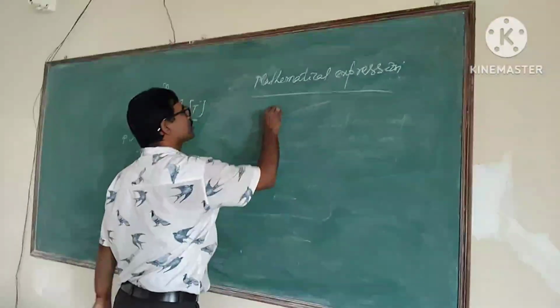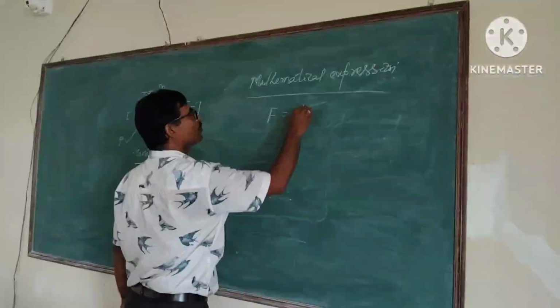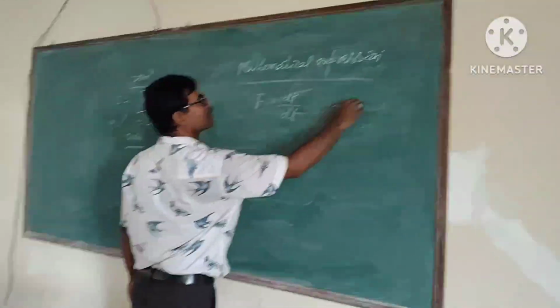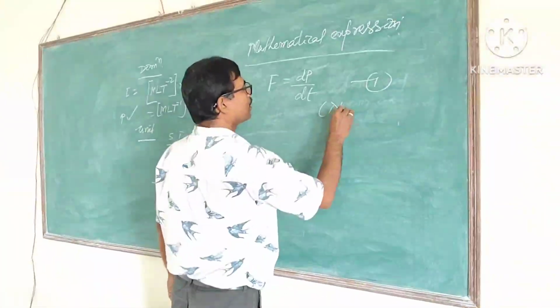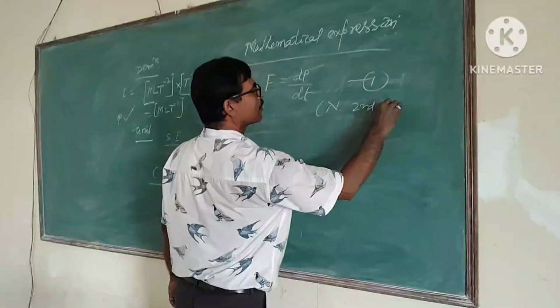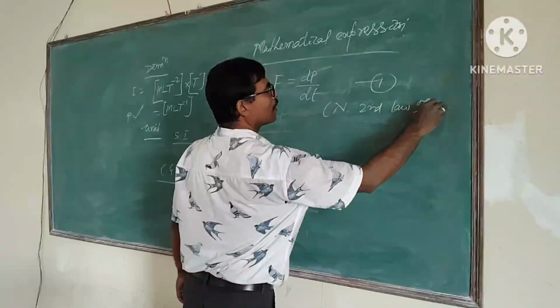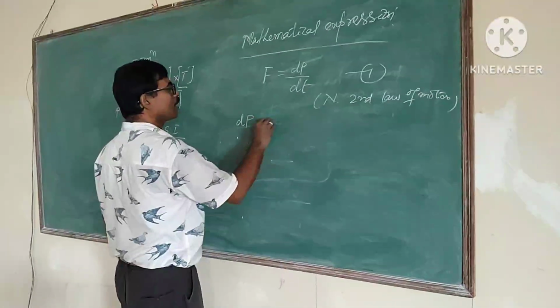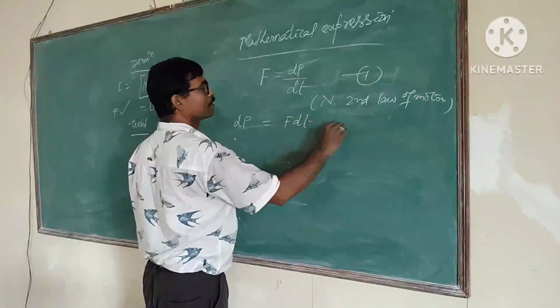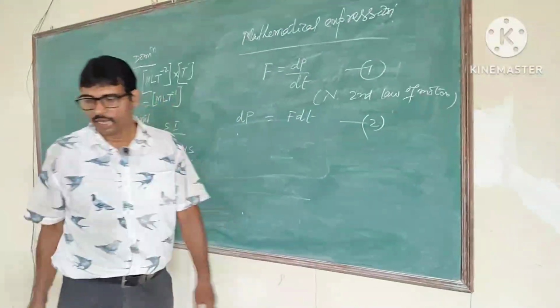F is equal to how much according to Newton's second law? dp by dt, according to Newton's second law of motion. Now what you are getting is dp is equal to F dt. Equation 2, keep numbering the equations.